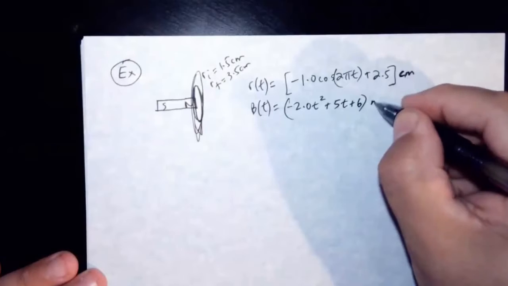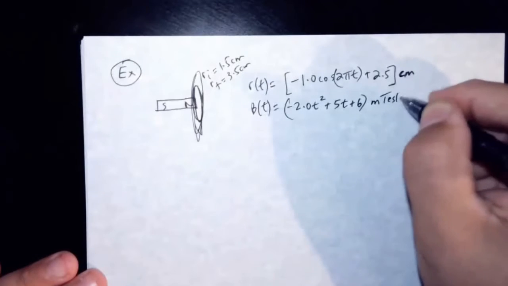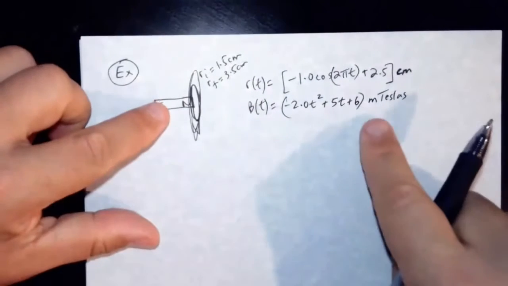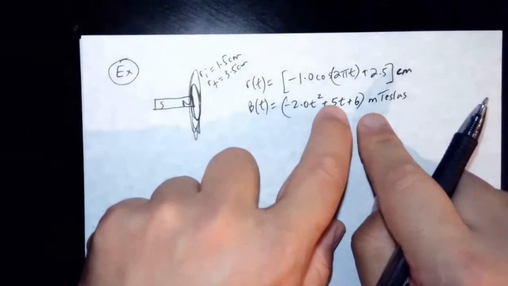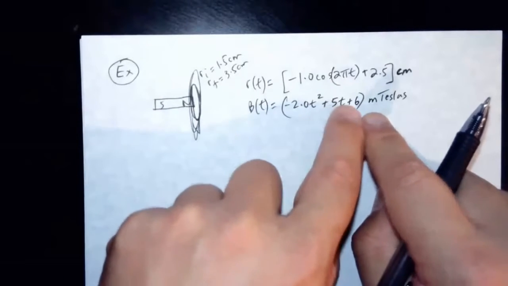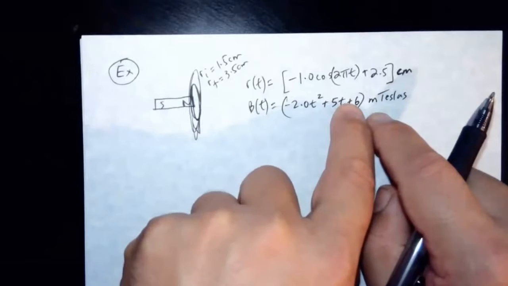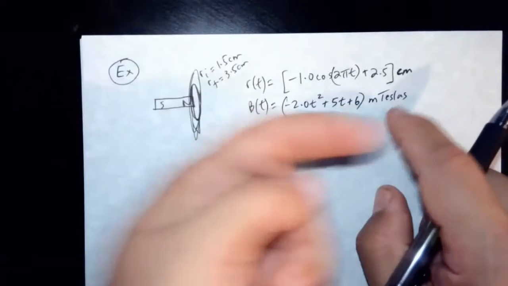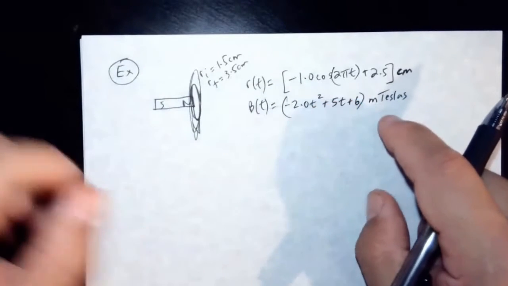And we'll make this milliteslas. So when t is equal to 0, the initial magnetic field is 6 milliteslas out of the board. So positive 6 means out of the board.